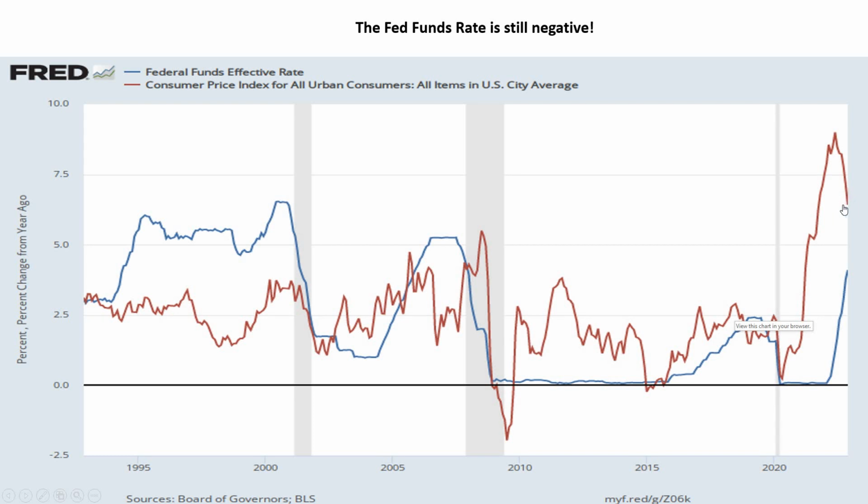And so while the consumer price index inflation rate has corrected down to about 6.5% year over year, the federal funds rate is still around 4.75%, so it's still roughly negative. This has caused many analysts, investors, and doom and gloomers to worry that the Federal Reserve is still not doing enough to bring down the inflation rate, even though we're seeing a sharp correction in commodity prices.